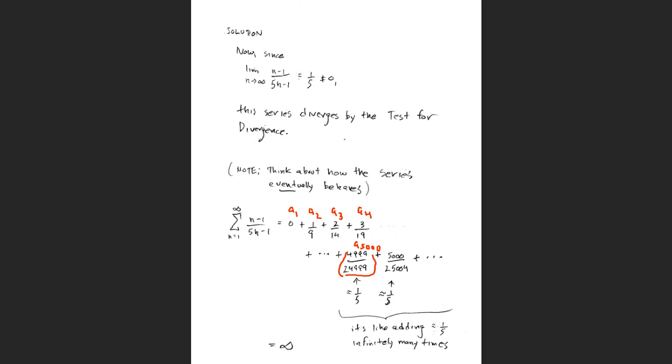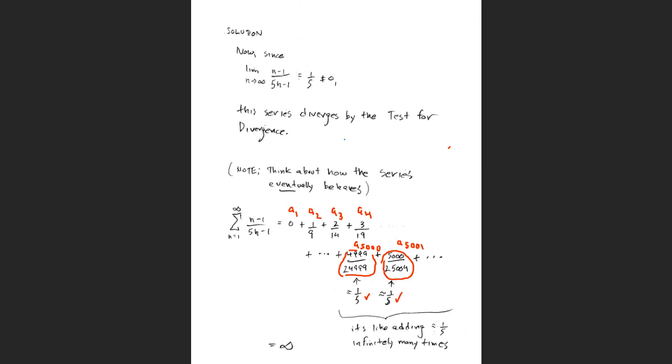The 5,000th term is 4,999 over 24,999. And then the 5,001st term is 5,000 divided by 25,004. Now, if you take 5,000 and divide it by 25,004, you're going to get something very close to a fifth. So the terms are approximately going to be equal to a fifth as you move out into the series.